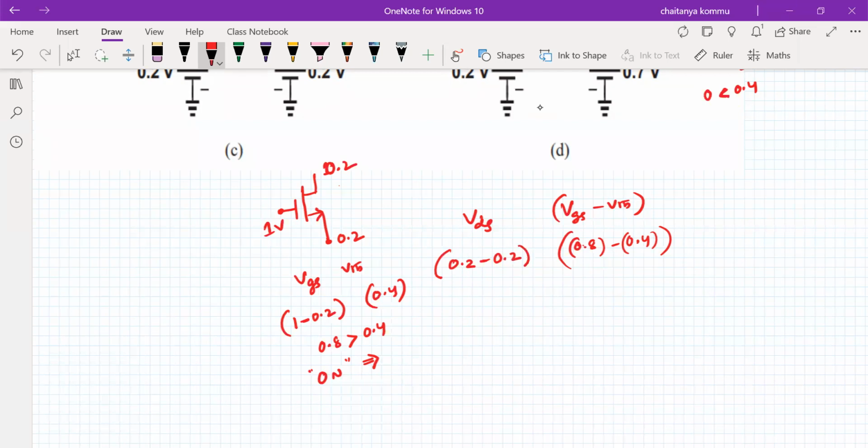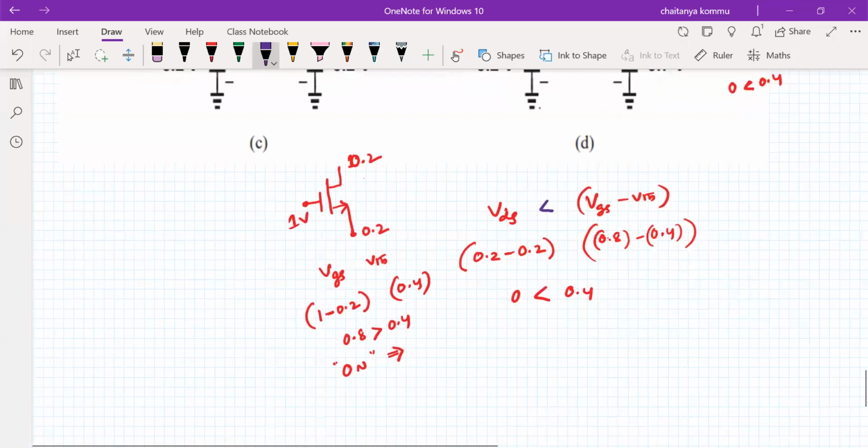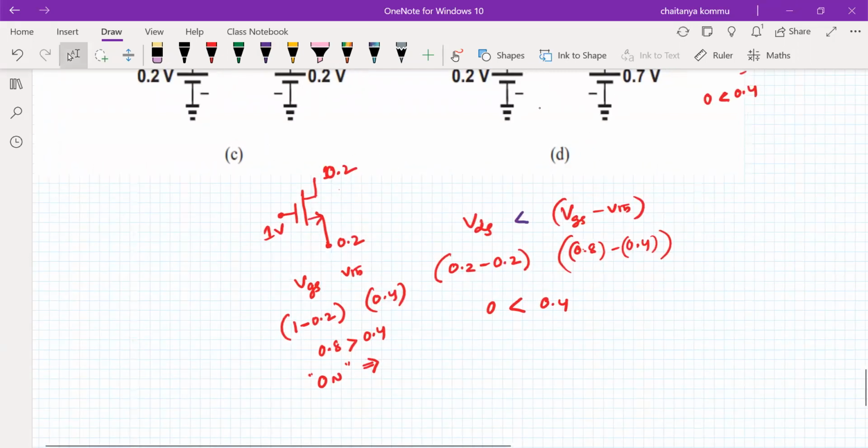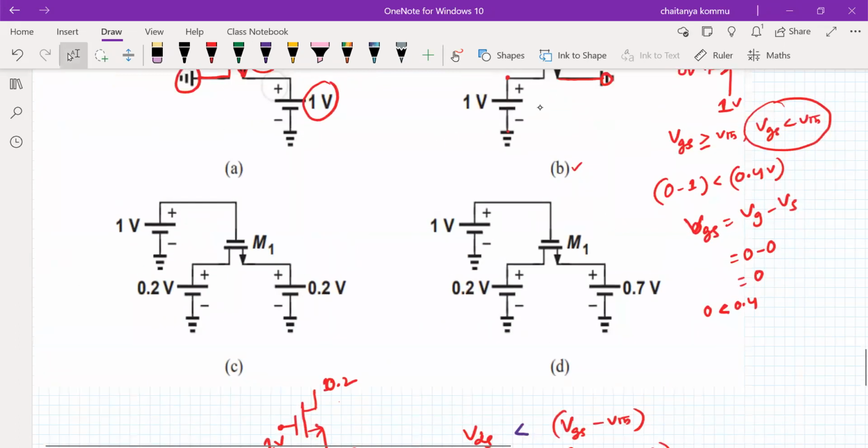So VDS is 0. What is the relationship between the left hand side and right hand side? It is less than. So when VDS is less than VGS minus VTH, that means the relationship is a less than relationship. Therefore, we can say that the transistor is in linear.